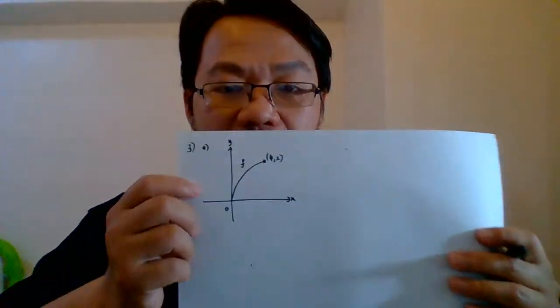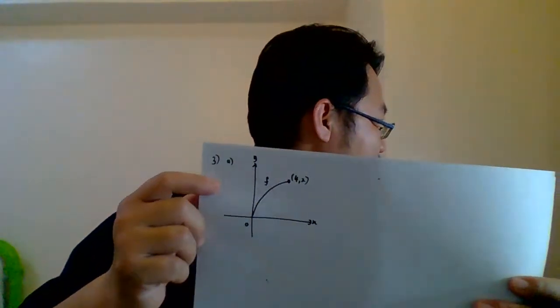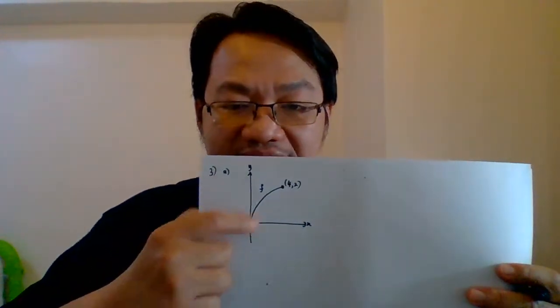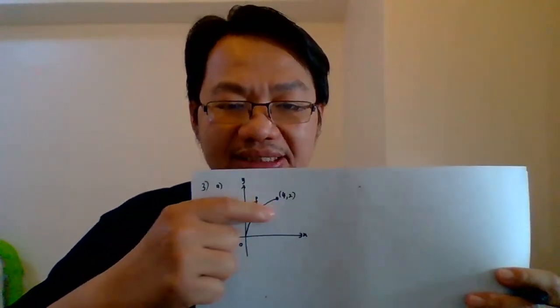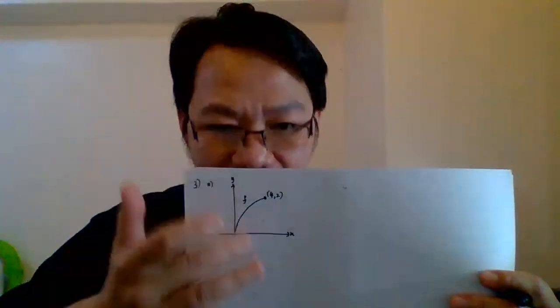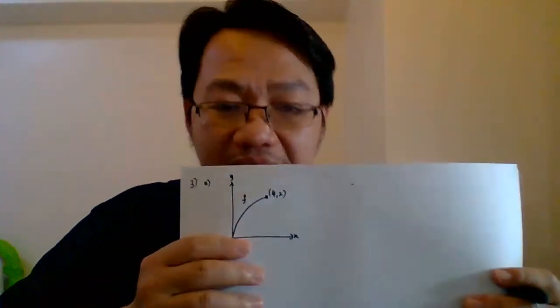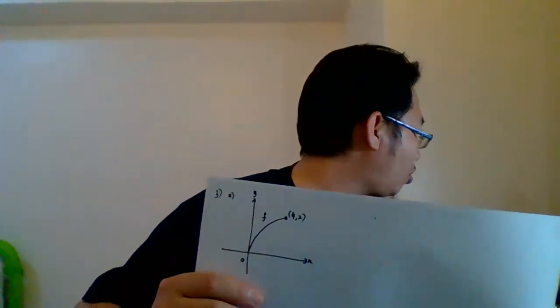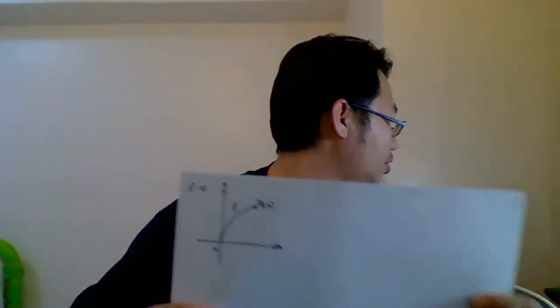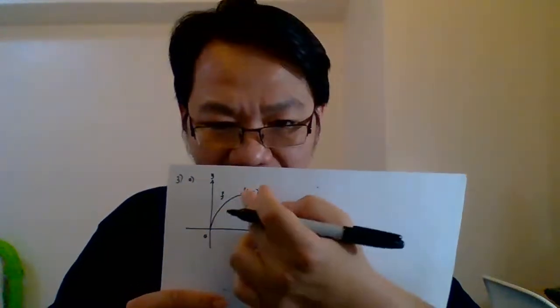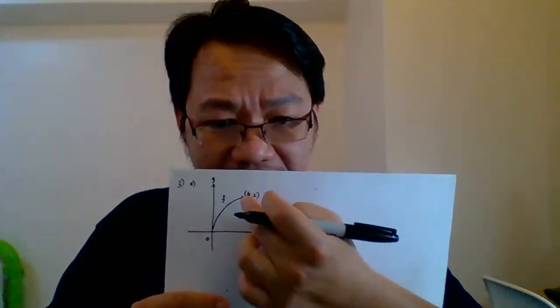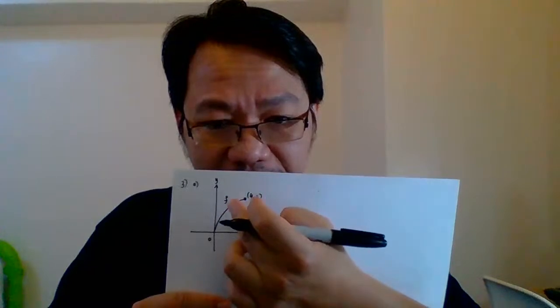Number 3A, the final question, this is the graph. This is a one-to-one function that has an inverse. That's the conclusion we can make. Now the question is asking us to draw the inverse function of this, to draw the f inverse.